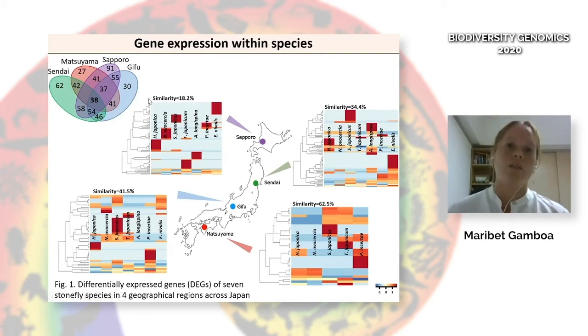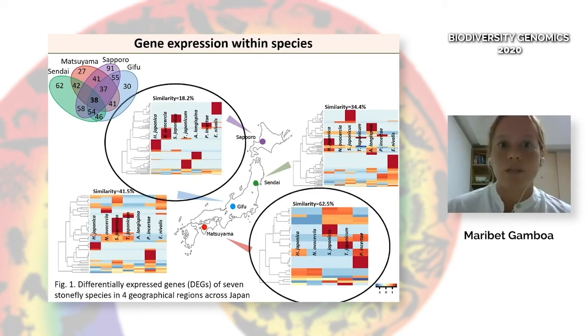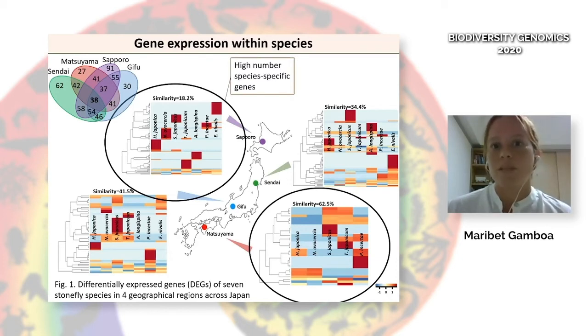I obtained 637 differentially expressed genes, and if we observe the 2 extremes, we can see that at the higher latitudes we found a high number of species-specific genes, and the gene similarity was around 18%. And this gene similarity increases when we decrease the latitude.